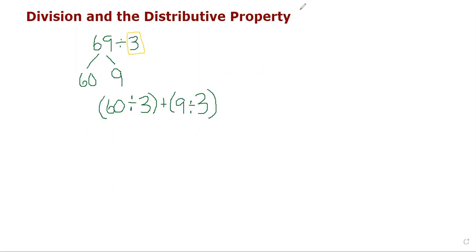Now that I have two separate division equations, 60 divided by 3 and 9 divided by 3, this is where I'm going to go back to that area box model that we use when we're multiplying, because I think that's a great visual and model to show our division. So let me draw my rectangle here.